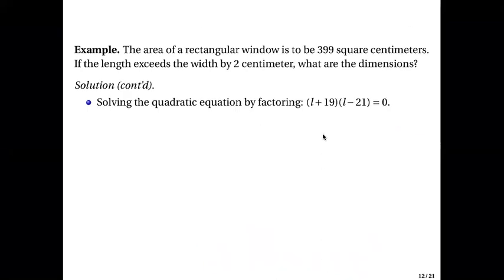So by factoring, solving the quadratic equation by factoring. So what we had in the previous slide was L squared minus 2L minus 399 equals 0. If you tried to factor this, this is what you will get.